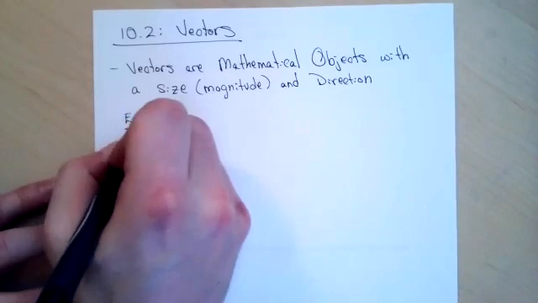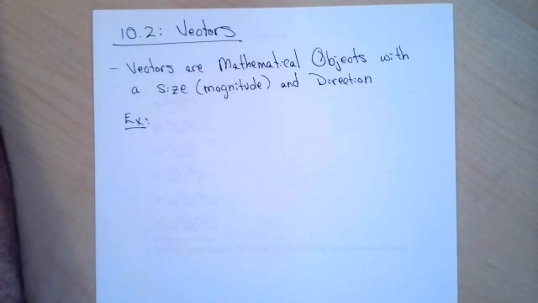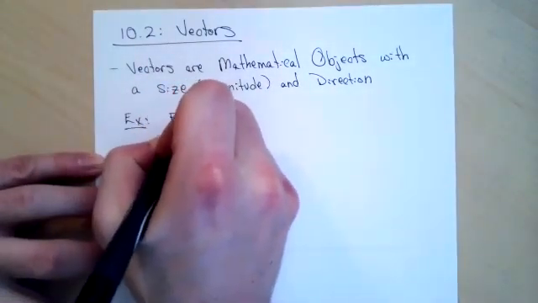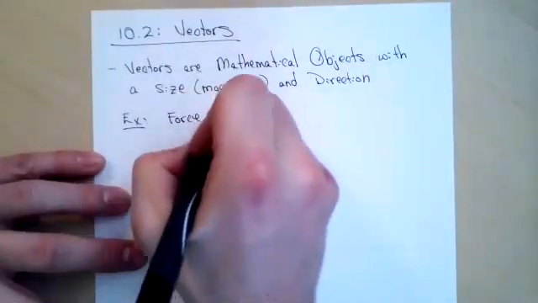Can anyone give me examples? What are some examples of vectors that we can use in the real world? Force, motion, acceleration. Yeah, so forces, motion, yeah, so specifically acceleration.